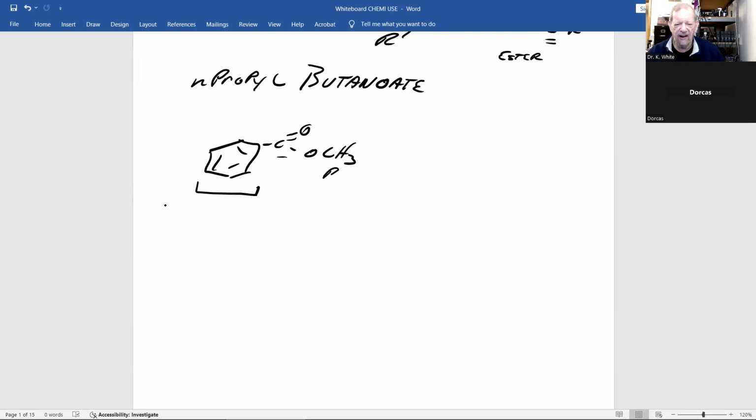So the R prime is methyl, that goes on the front. The carboxylic acid this would come from would be benzoic acid. Drop the IC from benzoic and the word acid, add ATE, and it's now methyl benzoate.